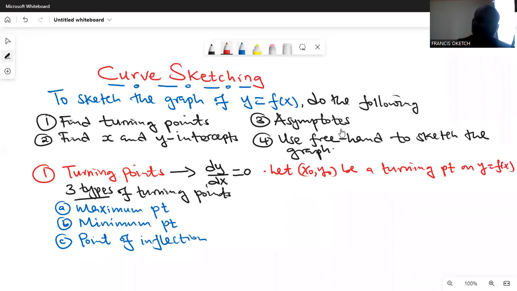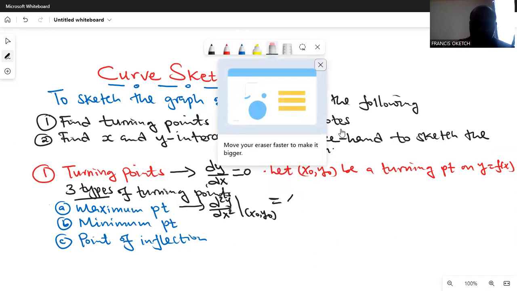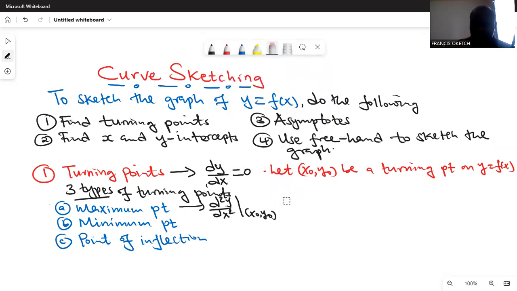To know whether your point is a maximum point, you need to test whether the second derivative of y with respect to x at the point x naught, y naught is less than 0. We expect the result here to be less than 0 at that point.